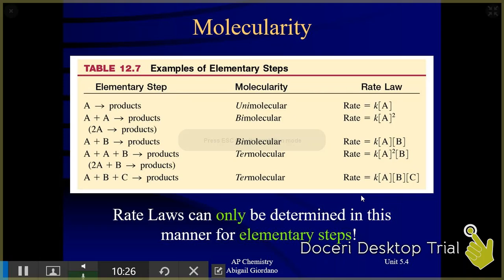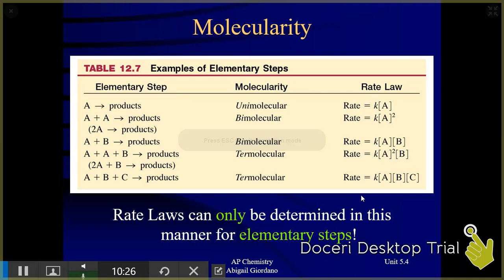Another lesson we looked at some graphs and how you could find the rate law that way. Well, something that is unique to elementary steps, and that's why I've put these terms highlighted in green at the bottom, is a technique that you can only use with elementary steps. You cannot do this with an overall reaction.